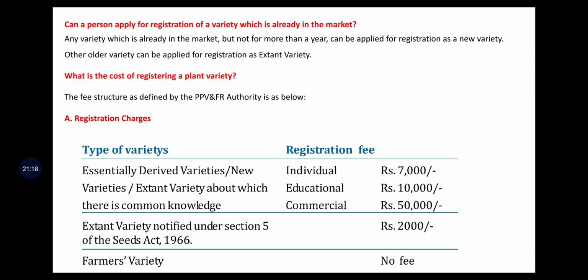For extant variety notified under Section 5 of the Seeds Act 1966, the fee for registration of extant variety is 2000, and for farmers' variety no fees. Only during the process of plant varietal protection they should spend around 10 rupees as a fee deposition.